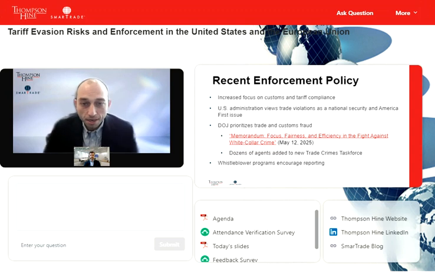And trade and customs fraud was listed as one of the high-impact areas that the DOJ will focus on. And then the memo explains that trade crimes are a threat to the U.S. economy and to American competitiveness and national security. So that explains why they're prioritizing trade violations as a high priority enforcement issue in the white collar space.